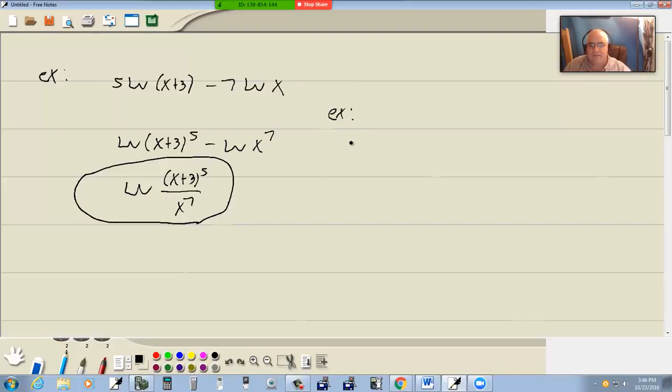Okay, if I have 1/2 natural log of x minus 5 natural log of y, and want to merge this into a single log, well, the order of operations says we do what's inside of parentheses first. So a natural log of x I can't do anything with, but the 5 I can put as my power. So I got 1/2 natural log of x minus natural log of y to the 5th.